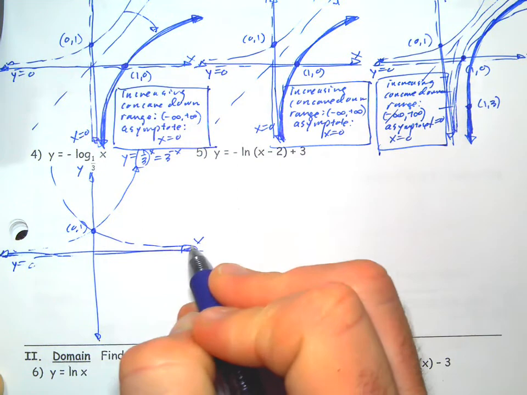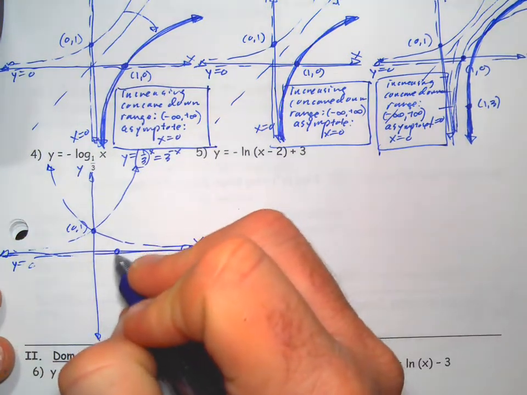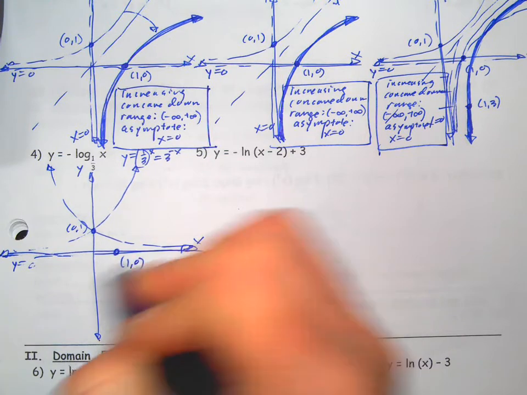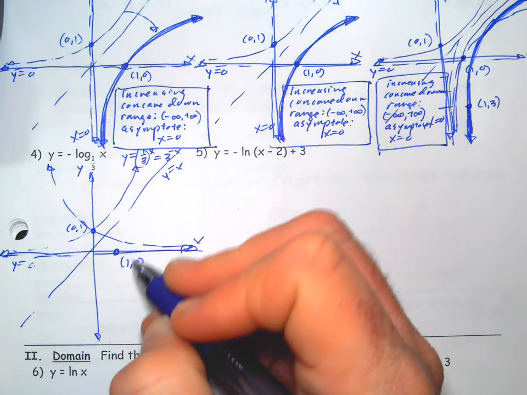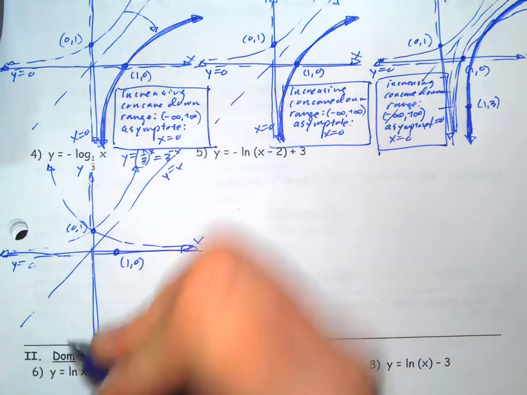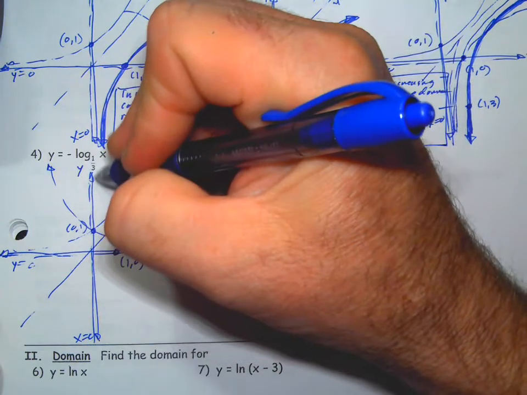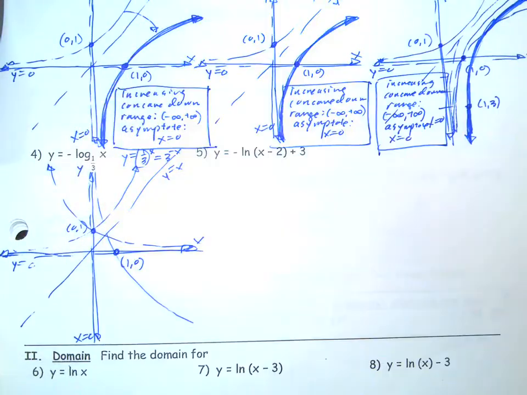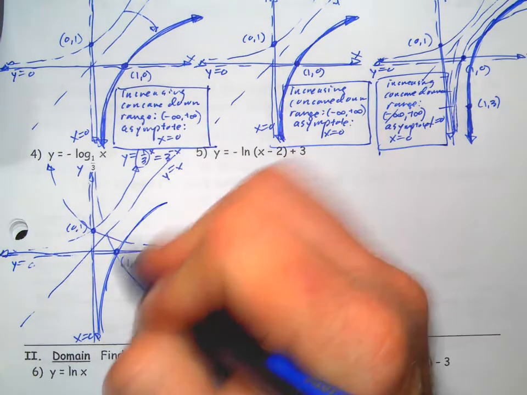That's where the 1/3 is, actually a decay function. Then we're going to flip that graph across y equals x. So 0, 1 becomes 1, 0. Horizontal asymptote becomes a vertical asymptote. It's this decay graph, so it looks like that. And then the negative flips that graph upside down. So this is your final answer.